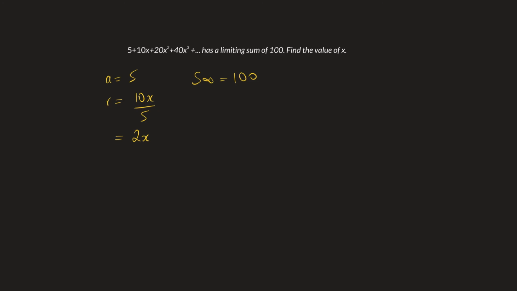Okay, so the formula for the limiting sum is a over 1 - r. Substituting all the information I have, I know it's going to equal 100, I know a is 5, and then I have 1 - 2x. So I'm going to multiply both sides by 1 - 2x. Then it'll give me 100(1 - 2x) is equal to 5.